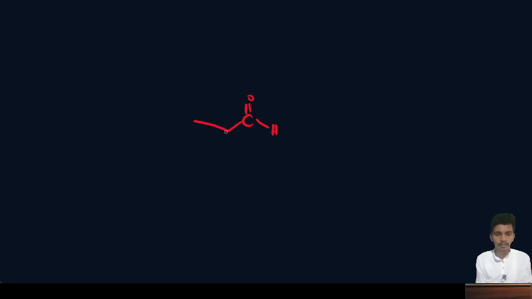Okay, so now here this is groups. If we have here H and here that CH3, in that case, if lithium aluminum hydride is there, that is going to give H minus. So this H minus will attack this carbonyl group, which is syn.